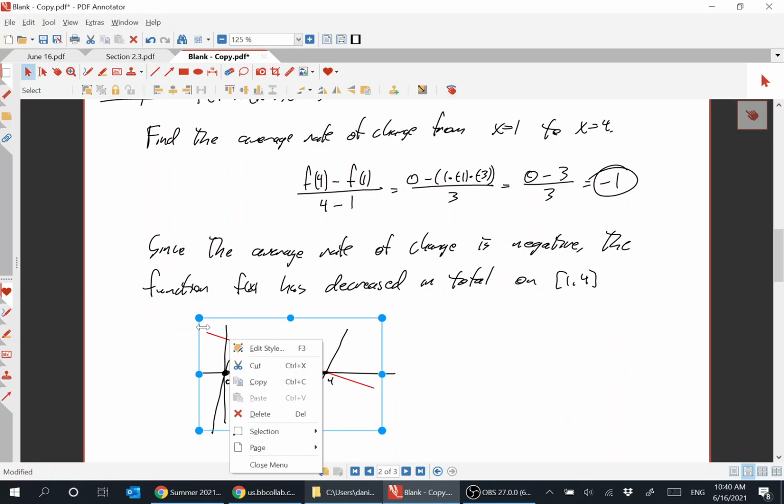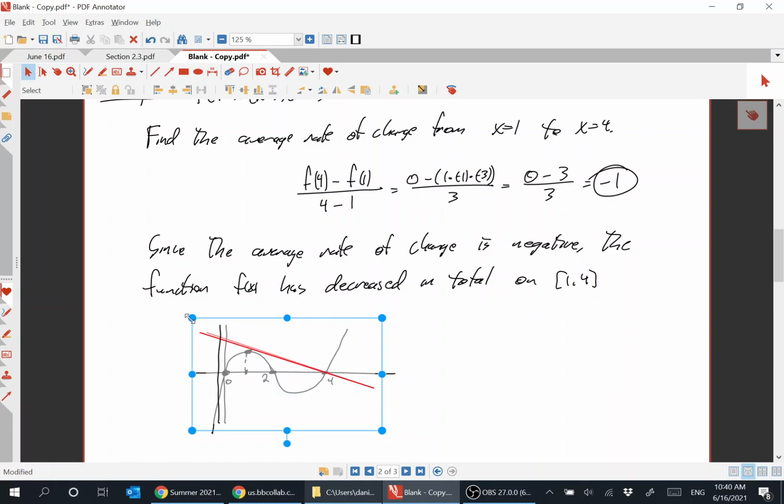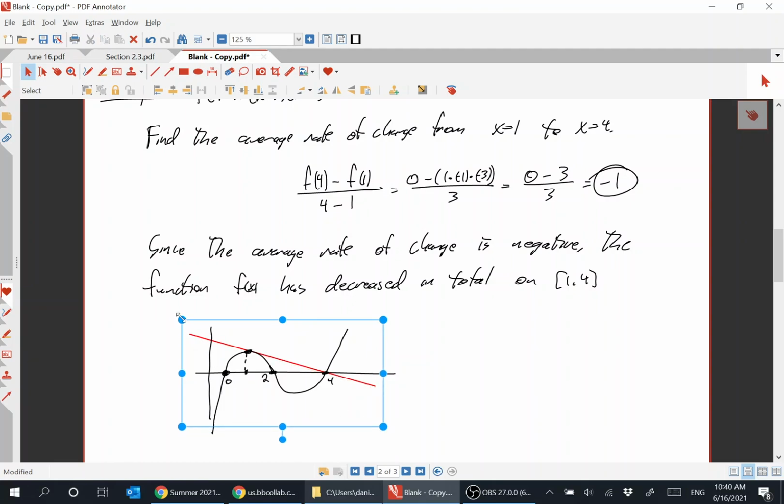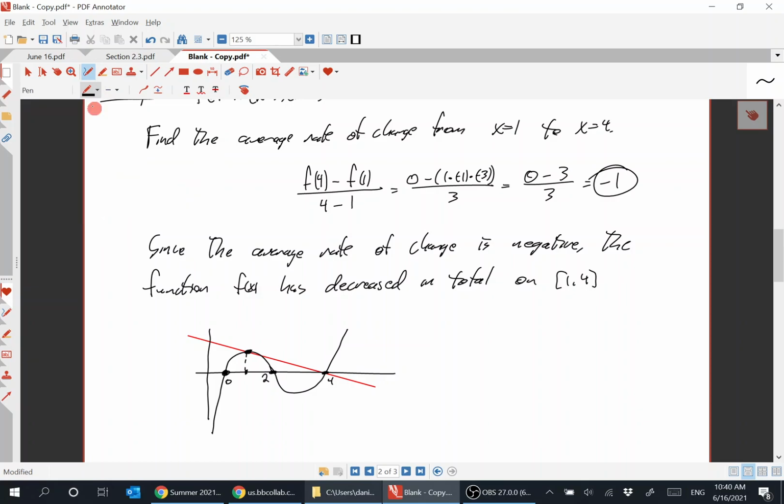But anyway, what we've got is that this line has slope minus 1, and is sloped downwards.